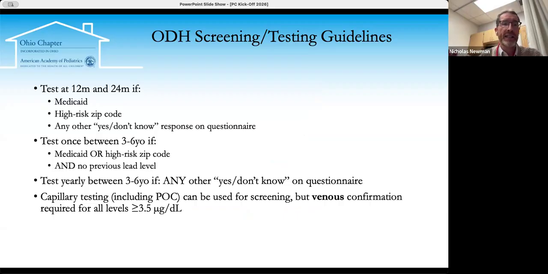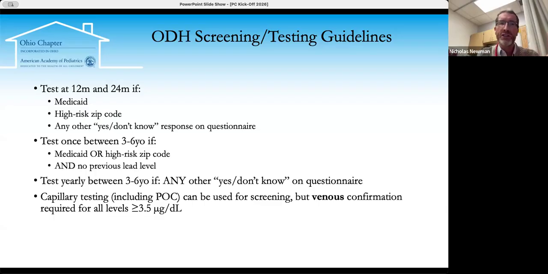It's recommended, and if the child has never been tested, they definitely need to be tested between 3 and 6. It's not like the law, but it's definitely recommended to test the kids yearly if the risk factors still exist.